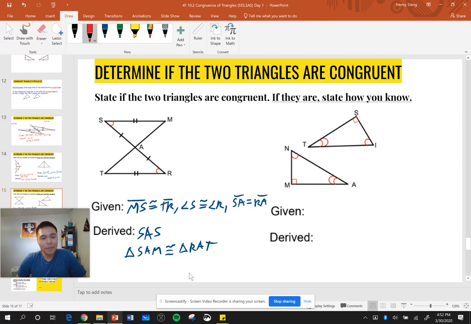If you tried the last one on your own, good job with it, but we got to really talk about this, okay? Because remember, I only gave you two things, side angle side and side, side, side.